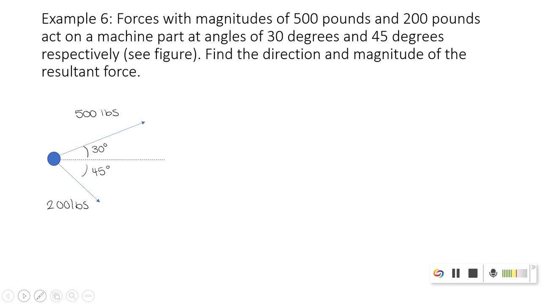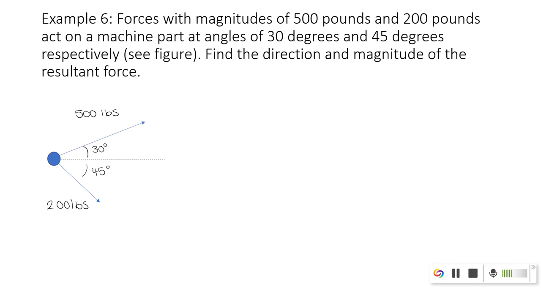And so in my picture, the little circle is supposed to be my machine part. And then magnitude of a vector, that's the length of the vector. And so the one on top, it looks like makes a 30-degree angle and has a length of 500 pounds. And then on the bottom of that figure, we have something with a magnitude or a length of 200 pounds. And this particular vector makes a 45-degree angle, I guess, below the horizontal.